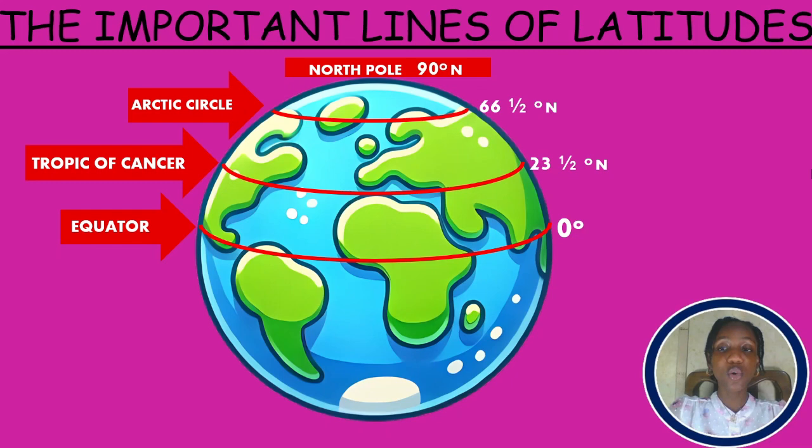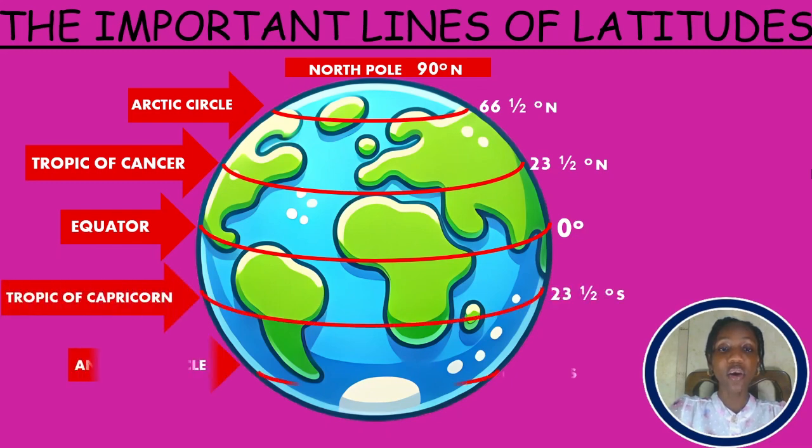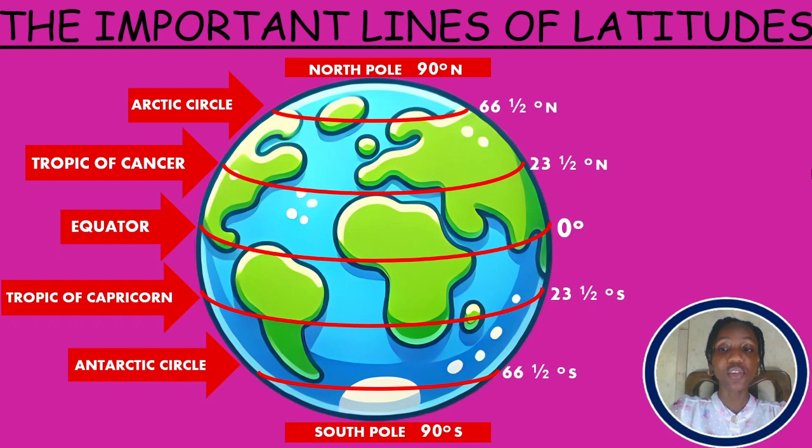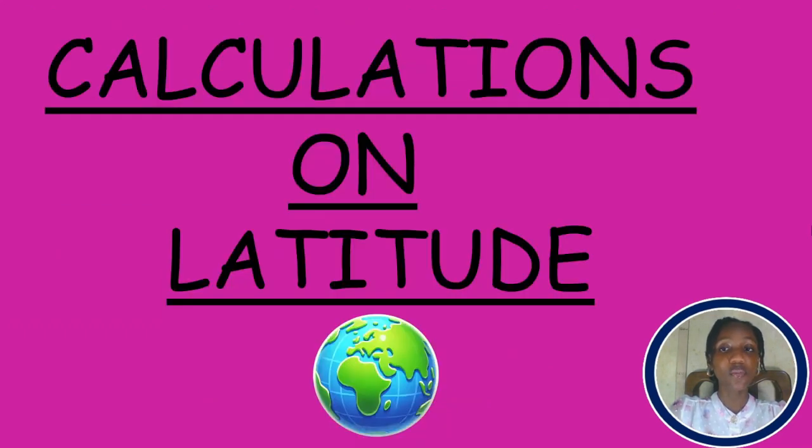Moving south of the equator, we have the Tropic of Capricorn on 23.5 degrees south and the Antarctic Circle on latitude 66.5 degrees south. And at the very bottom of the Earth, we have the South Pole on latitude 90 degrees south. And this is very important. You need to know how to draw all these lines of latitude, and you need to know the values corresponding to each of them. Now let's move on to calculations on latitude.